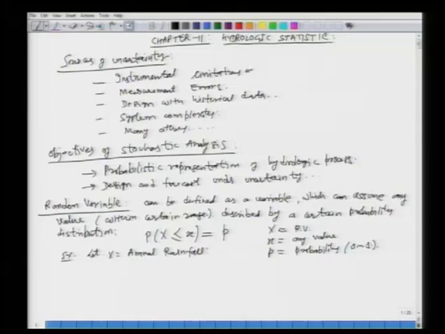So, if we say that x is equal to annual rainfall, and you want to analyze the drought condition, and you are looking at, let us say, if the annual rainfall is less than or equal to 45 centimeters, then you say we are in trouble as far as the drought is concerned.